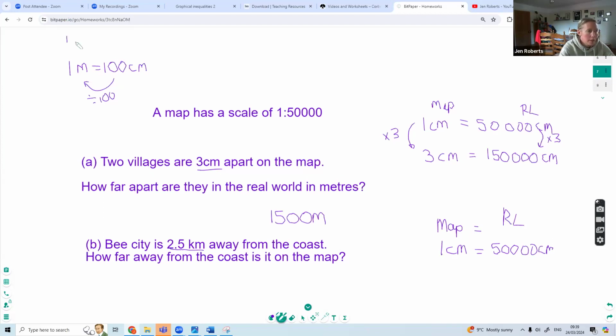We know 1 kilometre is 1,000 metres, so we convert this into metres first. We times it by 1,000. 2.5 times 1,000 is 2,500 metres. That's in metres, but we need it in centimetres. From metres to centimetres, it's times 100. So we times our 2,500 by 100 to get 250,000 centimetres.